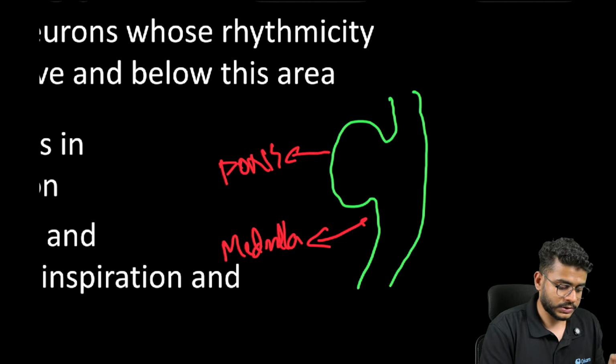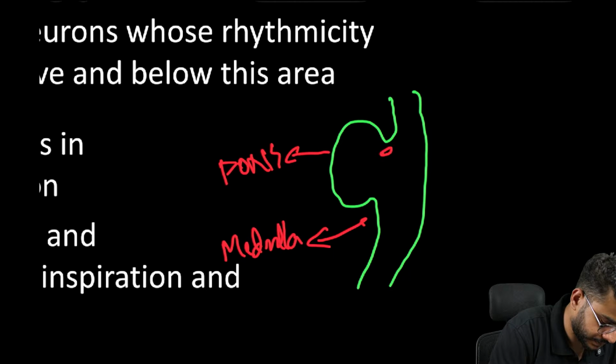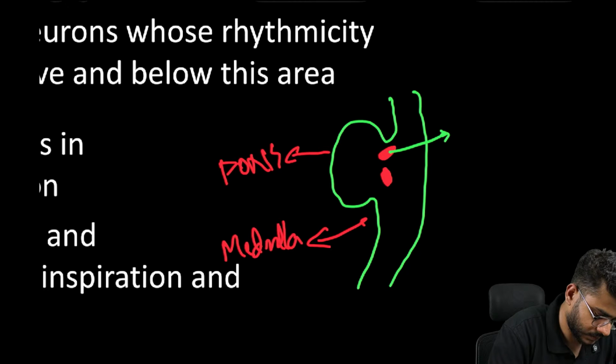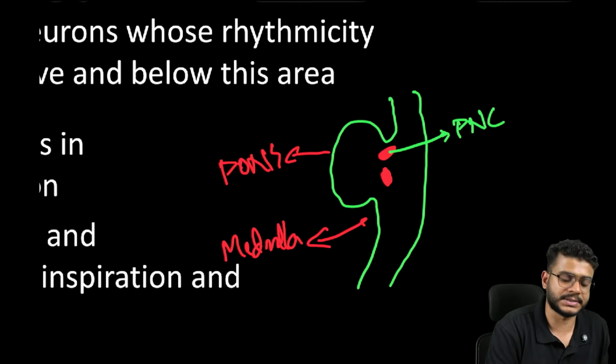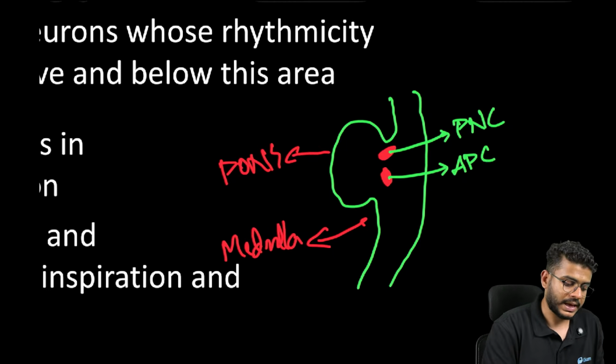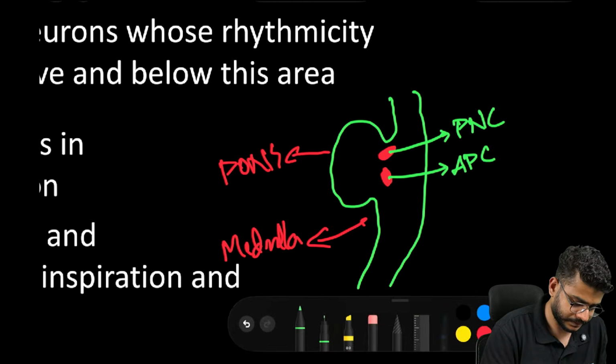Okay, there are two respiratory centers in the pons, the pontine respiratory centers, which are PNC or pneumotaxic center, and APC or apneustic center.